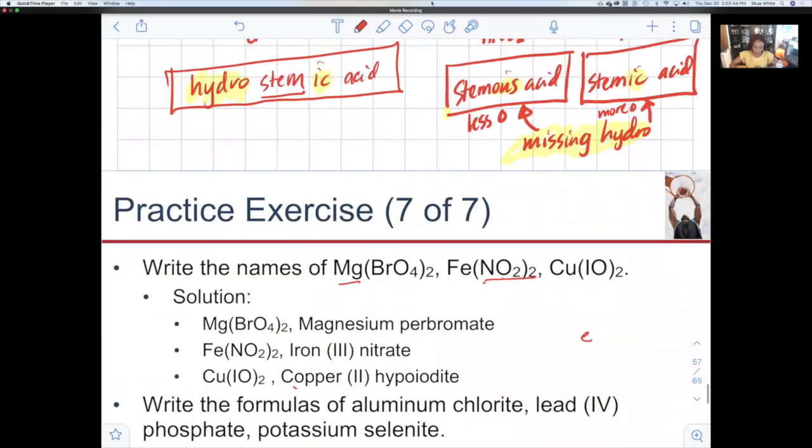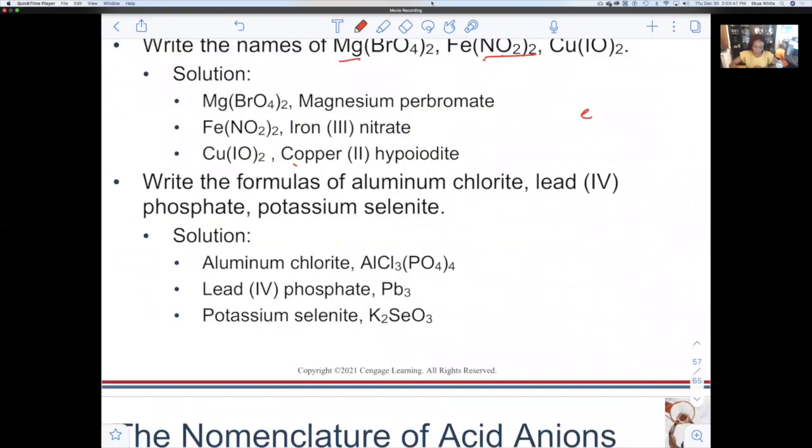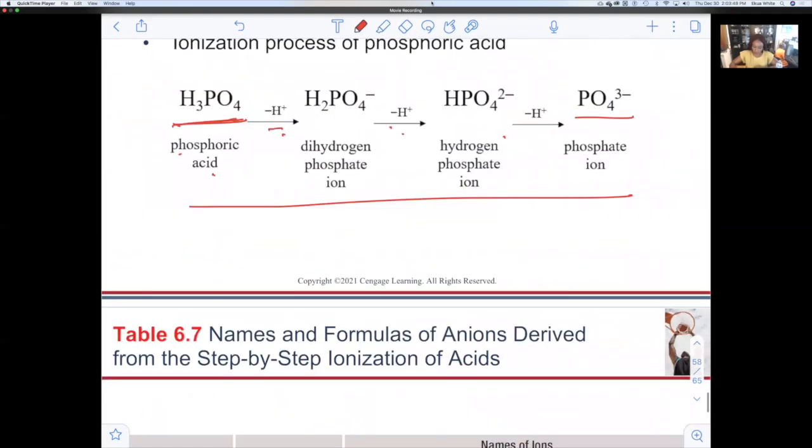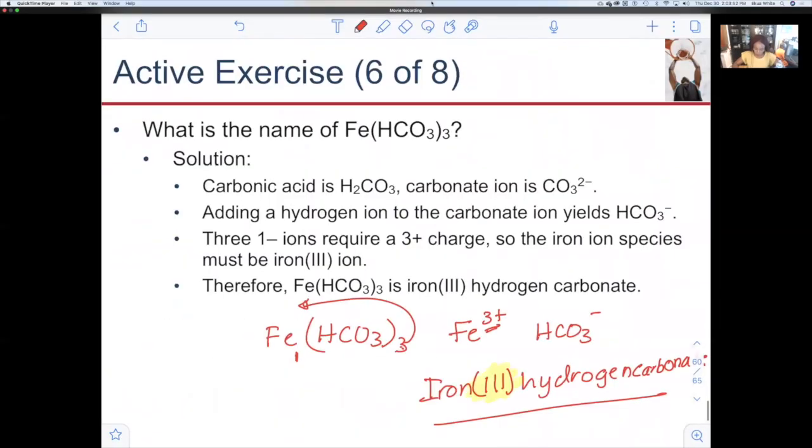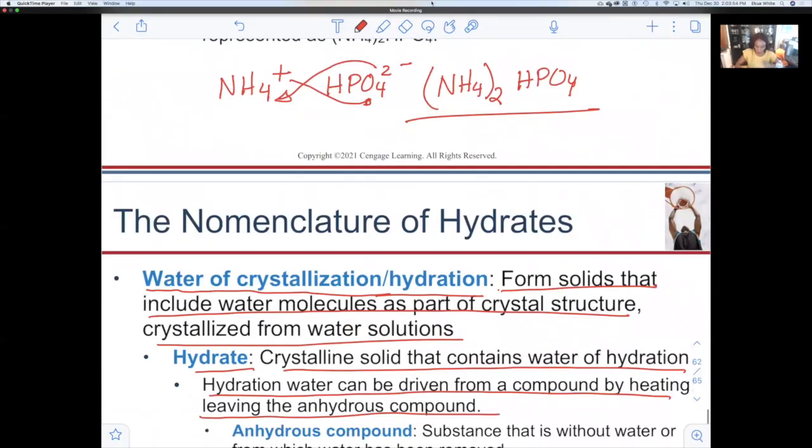Then down here, I will come back to this. Down here, I want to just complete the new stuff that we're learning, where they talk about adding water. Yes, water crystallization.